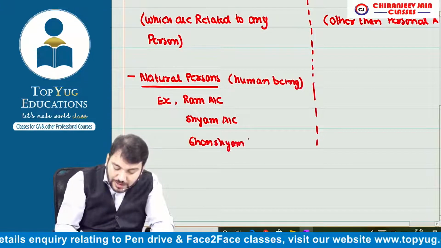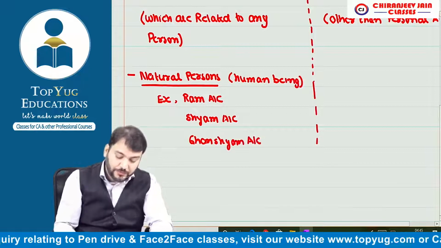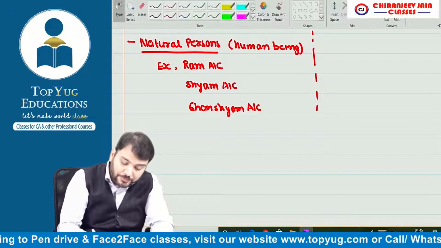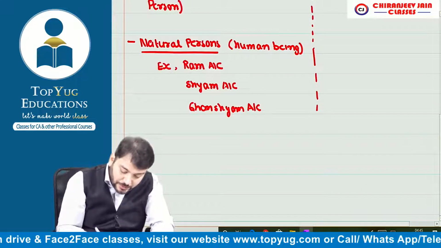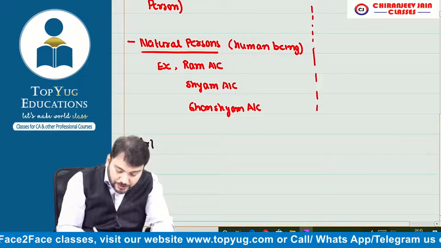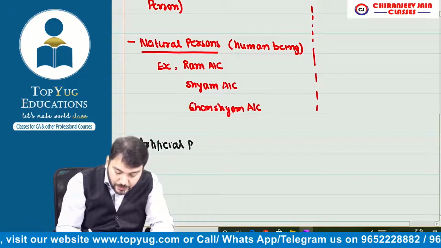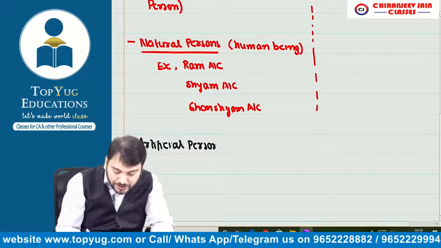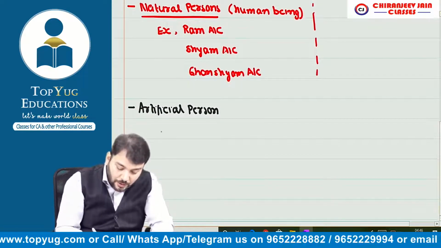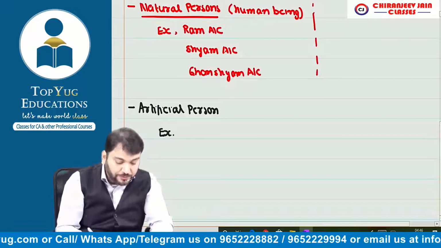So this is the natural person's account. Second is what? Batao. Second is artificial persons. So artificial person means what? Batao.